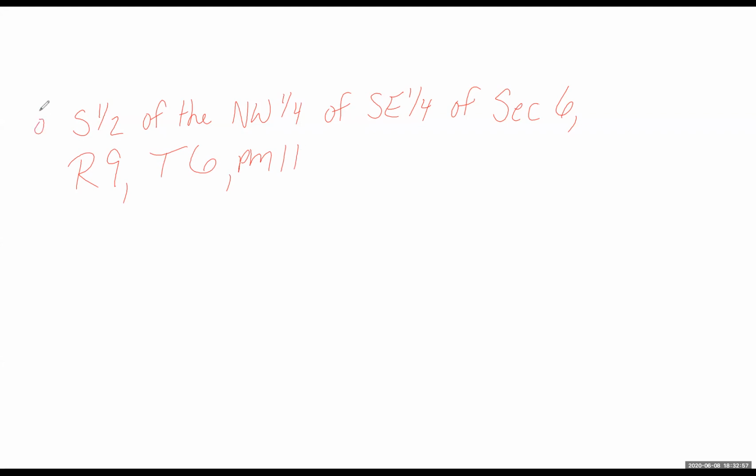That says I want to know how many acres are in the south 1/2 of the northwest 1/4 of the southeast 1/4 of section 6, range 9, township line 6, principal meridian 11.